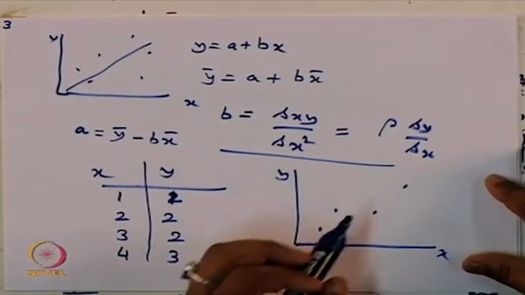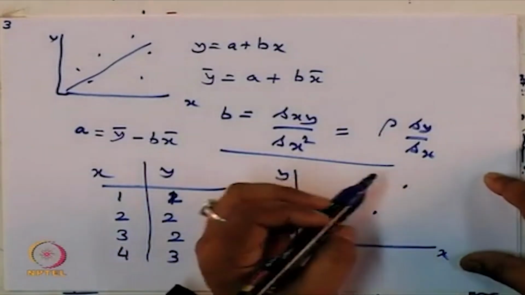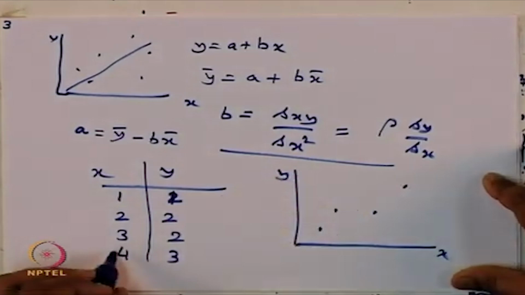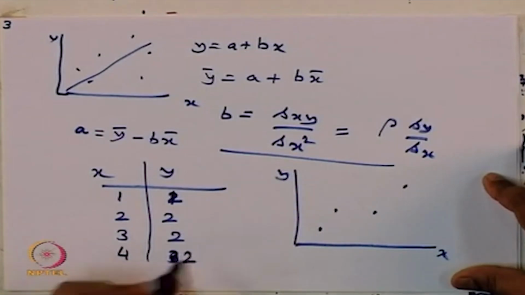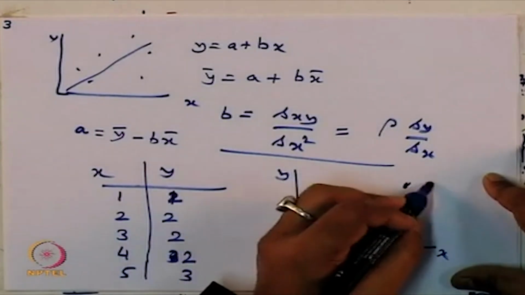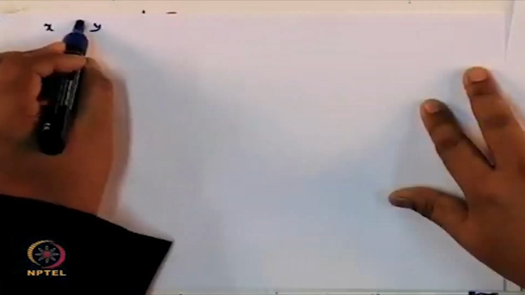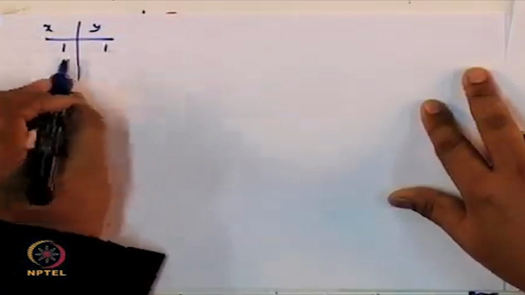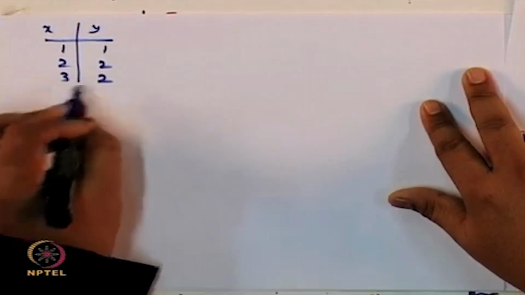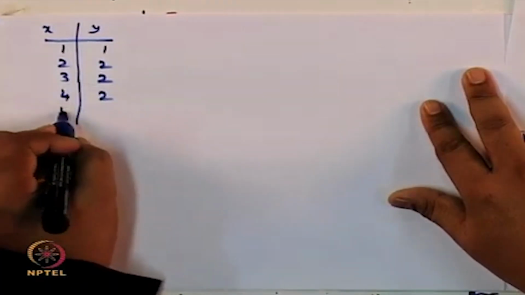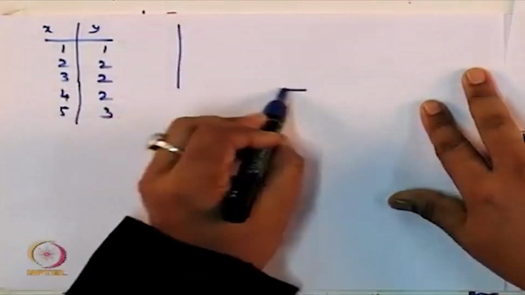What you can clearly see is, if I add one more point, maybe 4 2 and 5 3, my data points look something like this. So my points are once more x and y: 1 1, 2 2, 3 2, 4 2, 5 3.